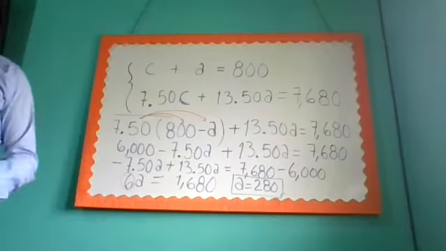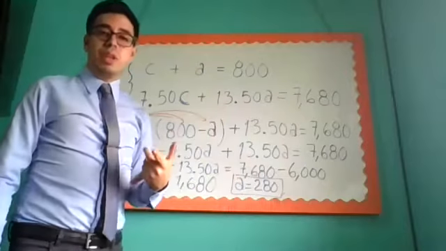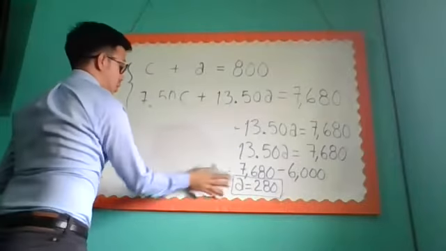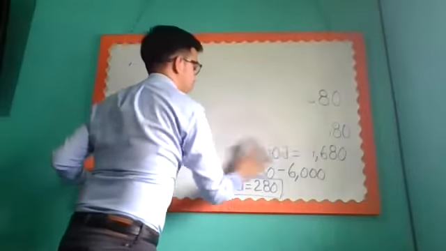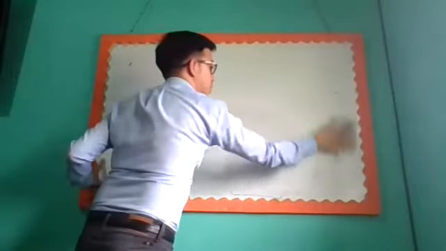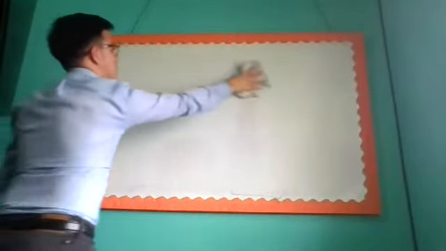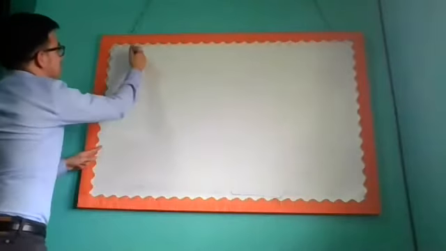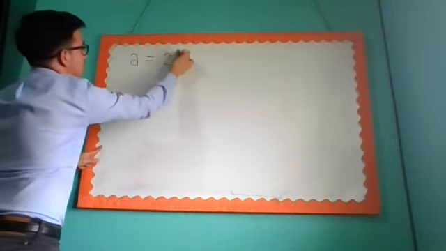Okay, then I only substitute this value that we obtained to find the value for the other variable, okay? We continue then with the last part. In the last part, it's only to replace, remember that A is equal to 280.